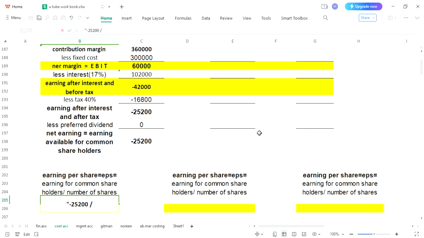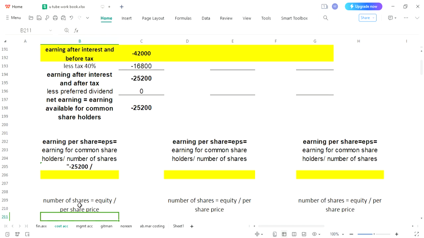So let's put, look, please understand these inverted commas are just to make this statement an alphabetic statement, not a numerical statement. In this way, Excel will not pick it as an amount. It is just a statement. So we need to calculate the number of shares, for which we need equity, and that would be divided by the per share price.